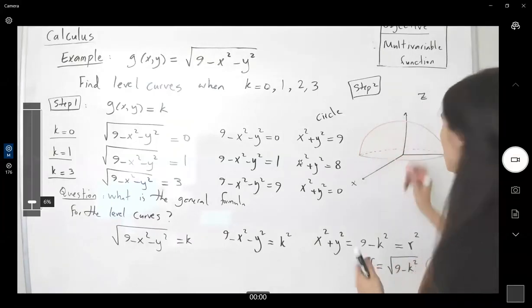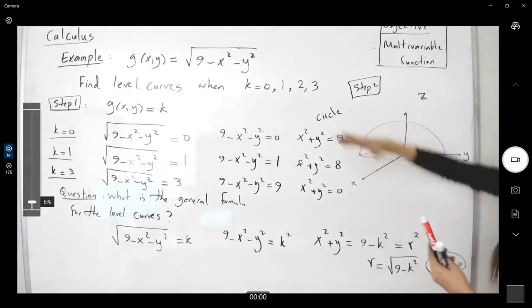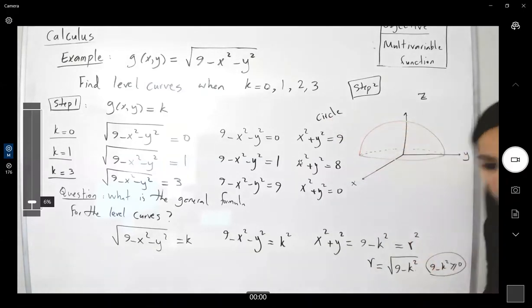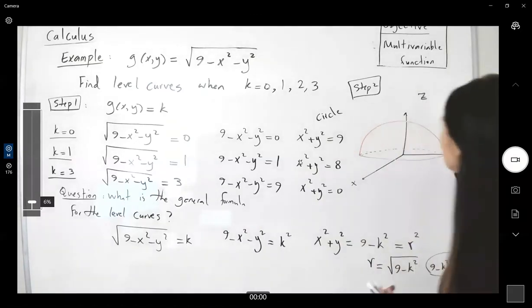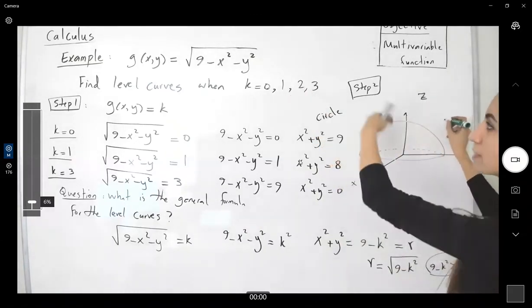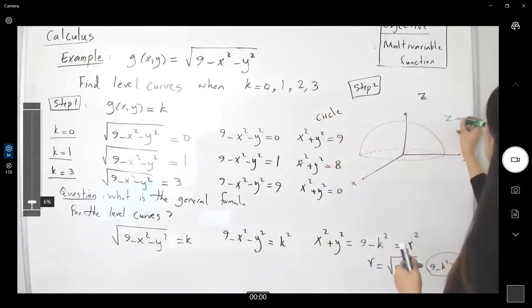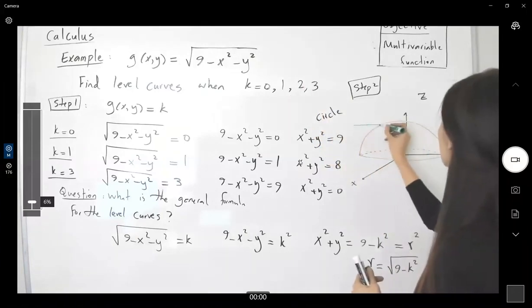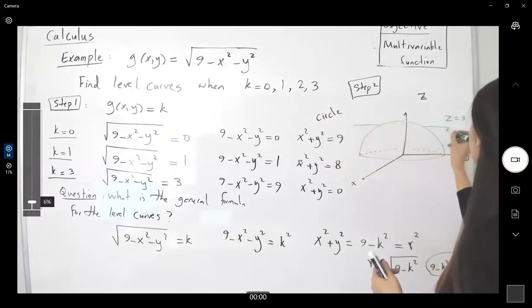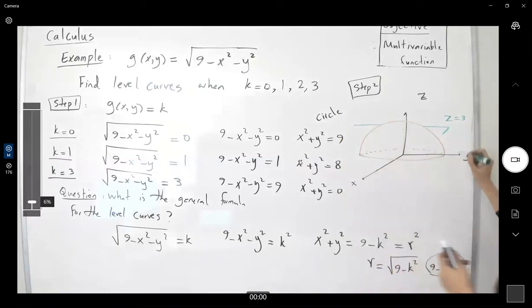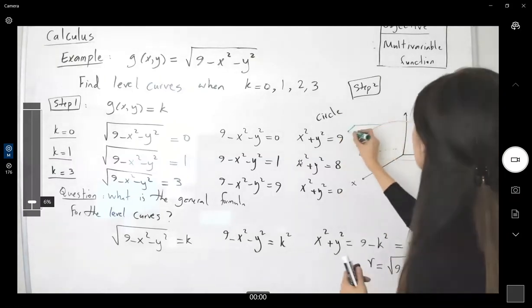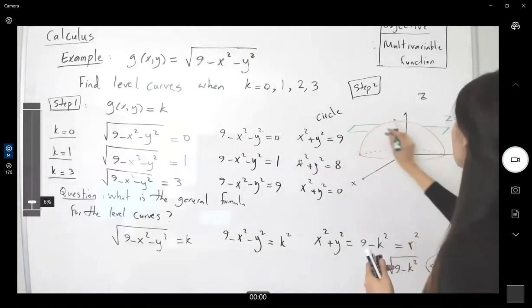Okay. So what are we doing? We are slicing this using some planes. What planes? z equal to, for example, 3. When z is equal to 3, suppose you have this surface. Let's use z equals 3. Just going to be a little bit further up.